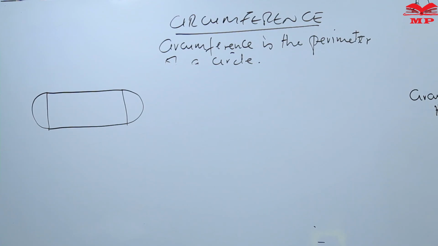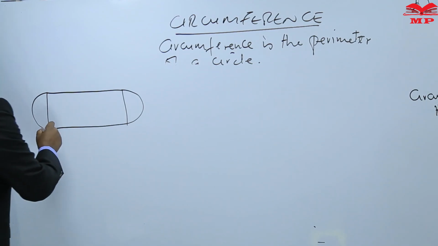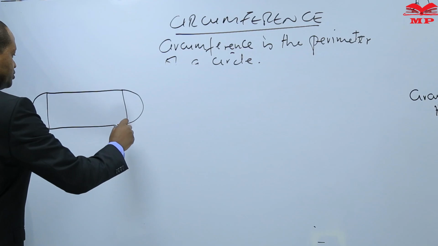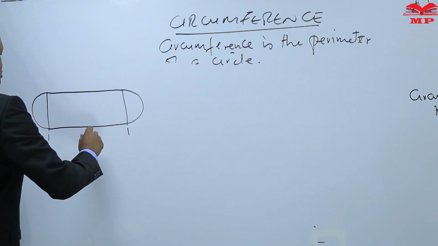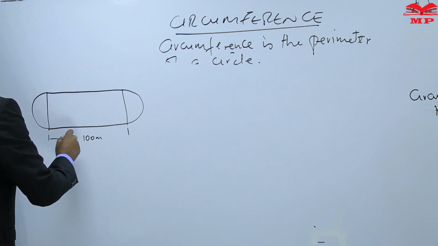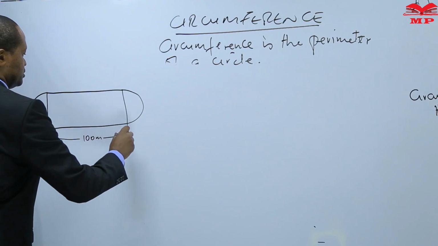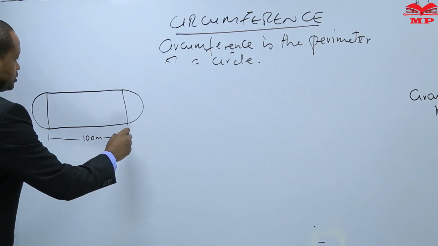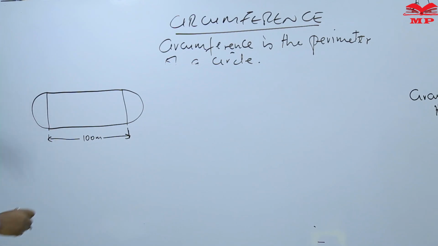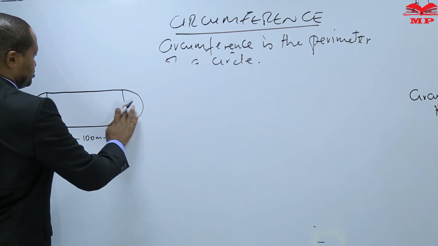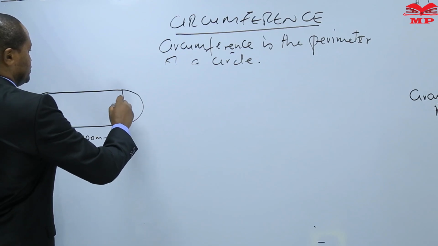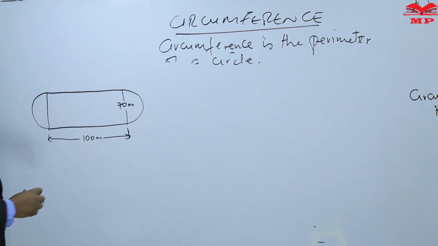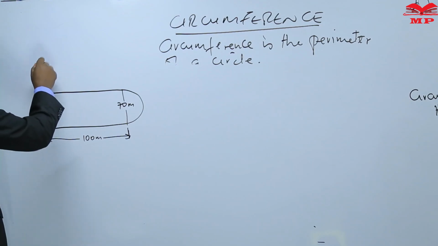100 meters, 70 meters. From this point to this point, 100 meters, and from this point to this point, 70 meters. That is the playing field.